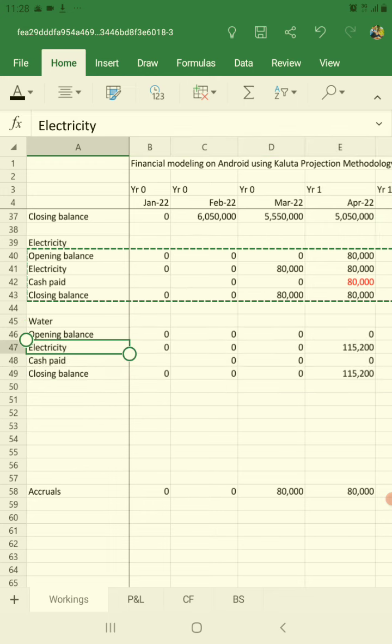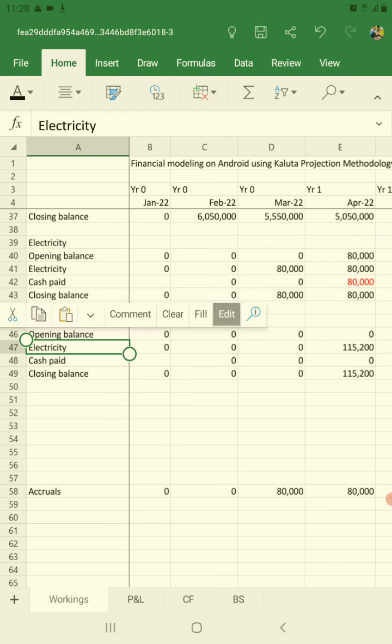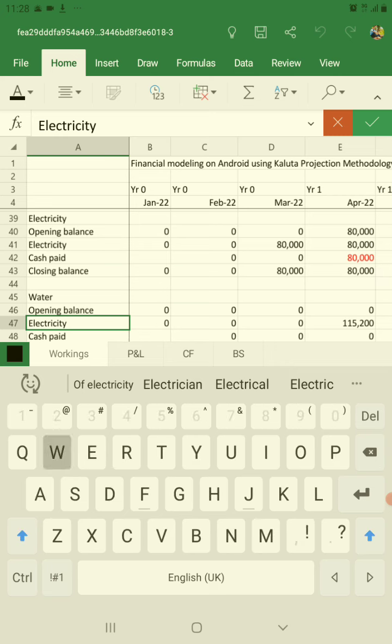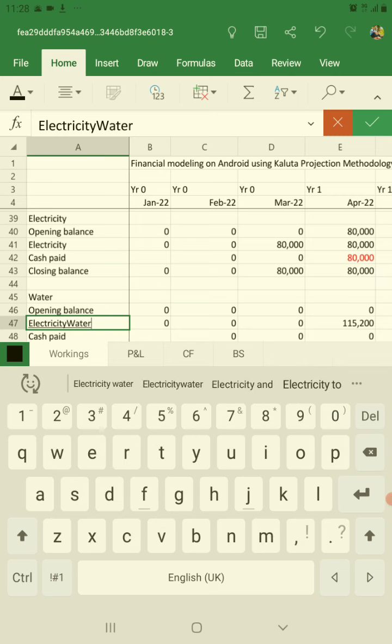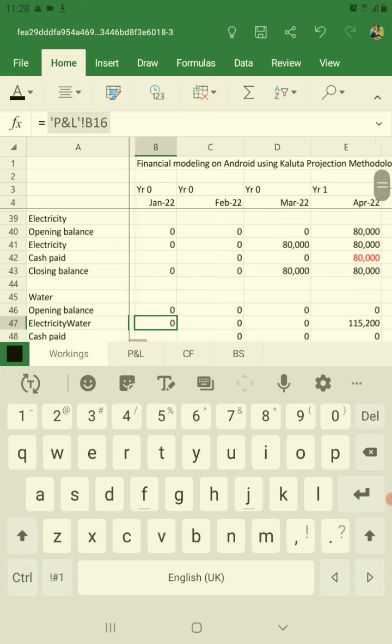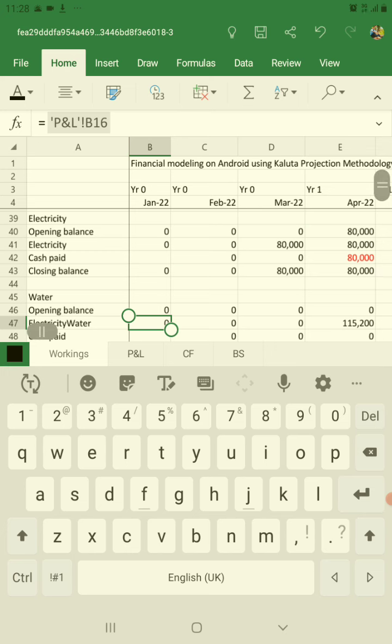I will edit it to be water. And here, instead of P&L B16, when I copied and pasted it, relative references applied, and Excel went to pick the relevant cell that is supposed to be here. So I change it.